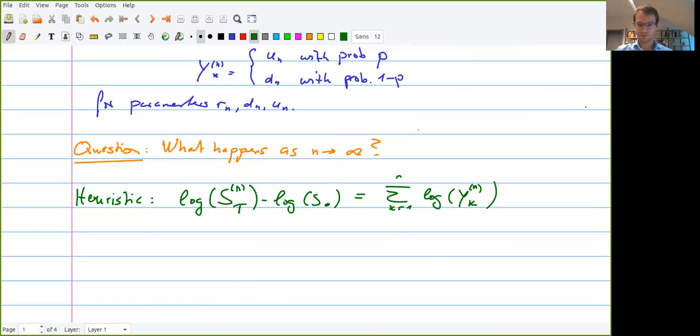And these are independent and identically distributed random variables. If you take a continuous function, you still keep the independence.